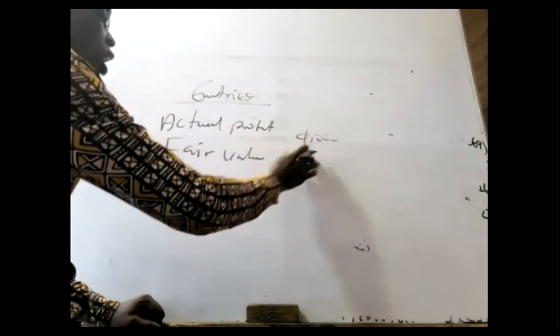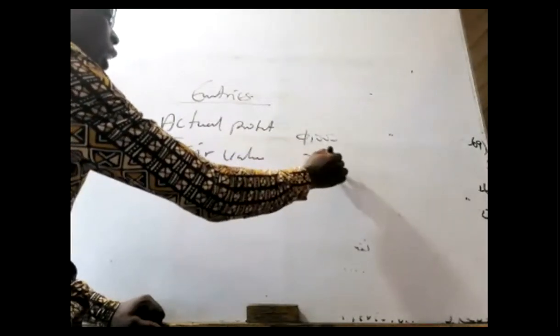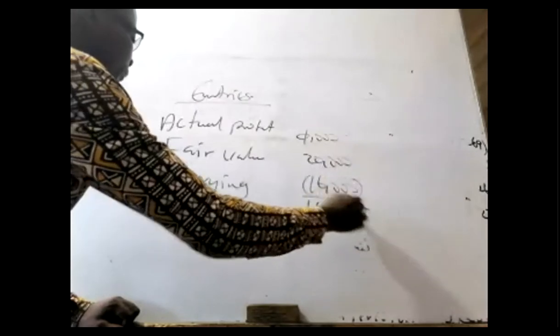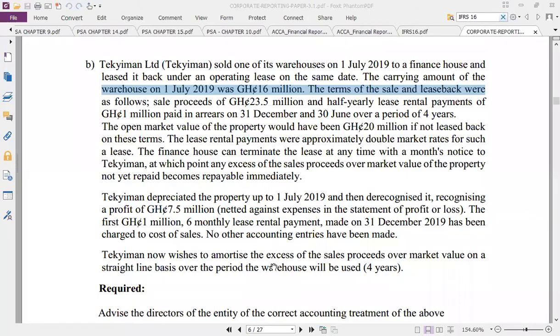So let's say 20,000. It should be 20,000. And then the current amount at that date happens to be 16,000. So therefore, the actual profit should be what? 4,000. Okay. So it will be 20. So what again?